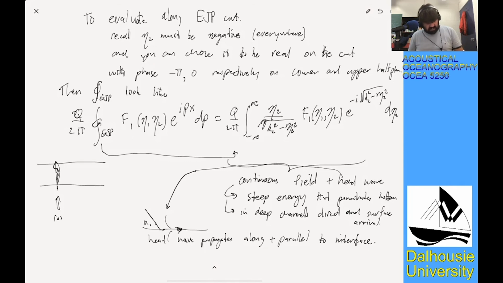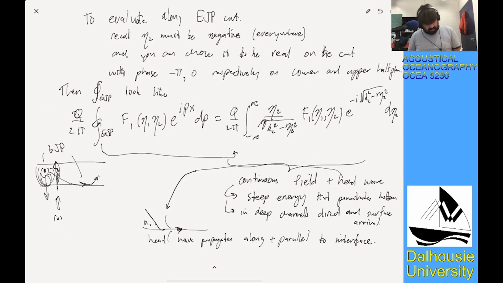Then we have this head wave component, and then near the source, energy propagating right into the bottom, energy that propagates along the interface. This is the EJP, right?